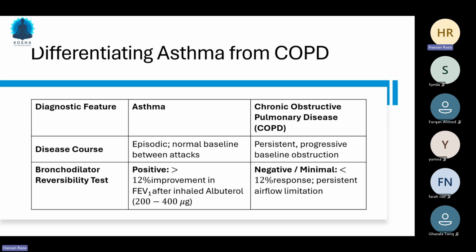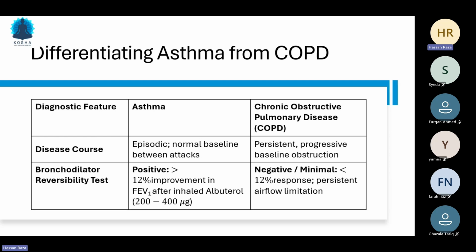So this spirometry test helps us differentiate between asthma and COPD. If the condition is improving after taking a short-acting beta-2 agonist, then we will say he has asthma. But in COPD it does not improve, because it is a persistent disease, not like asthma, which is episodic or paroxysmal.